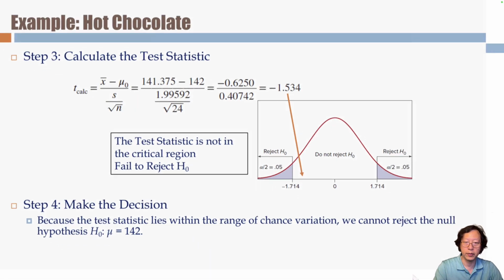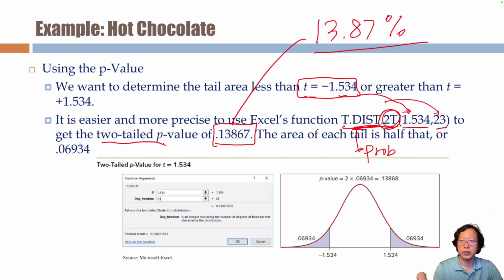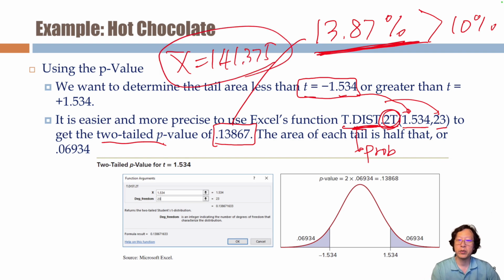So our cut line was 10%. Yes, that's the 10% critical point. So this is greater than 10%. The chance of getting an x bar of 141.375 has a probability of 13.87%. So that probability is not rarer than the 10% case, right?